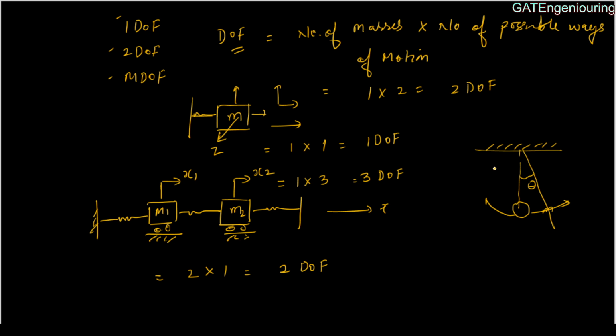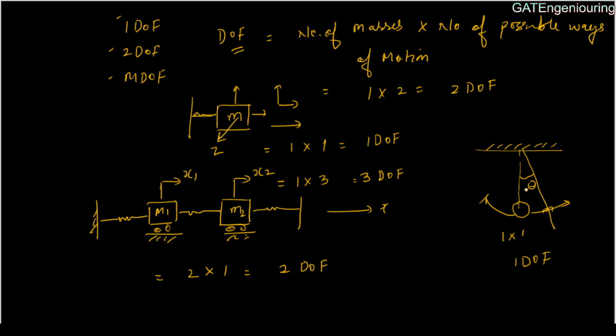This theta is variable, and at different instants of time it has a different value. So the number of masses here is 1, and the number of coordinates or possible ways is also 1, because this is moving in a single plane at different angles, but the plane is single. So we can say this is a single degree of freedom system.